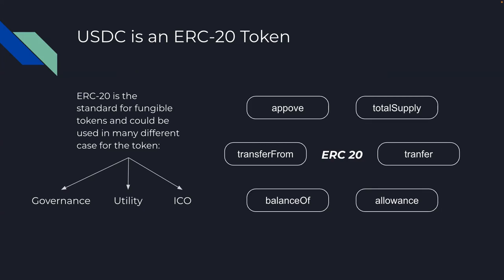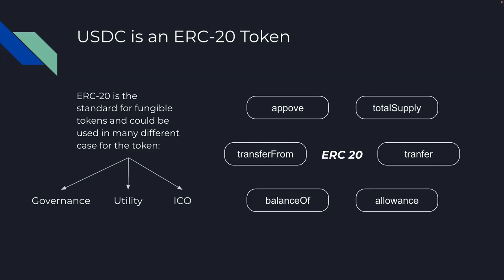The first one is total supply, so we need to know how many tokens have been minted. Then we need balanceOf, so we can see how many tokens a specific address has. Then we have the approve function, which gives another address the ability to spend my tokens. This is useful when interacting with a DEX, for example Uniswap.